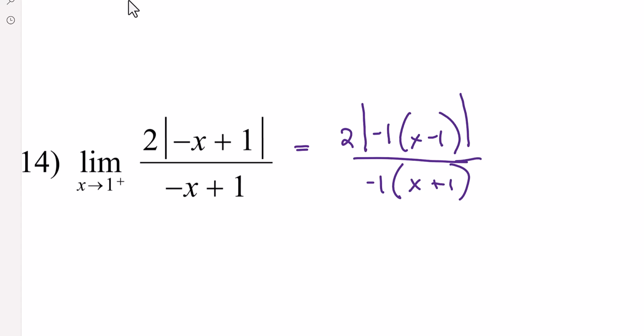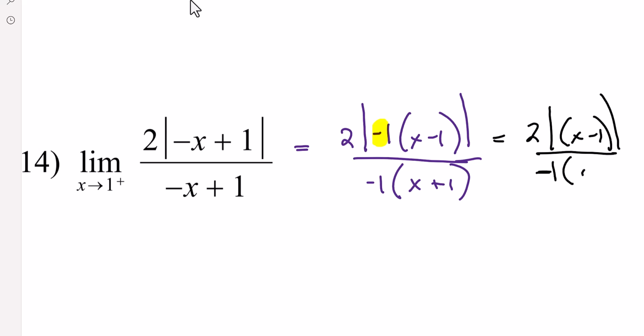So that's how you do one like that. But then you can pull out this. The absolute value of -1 is 1. So then you're going to have just 2 times the absolute value of x minus 1 over -1 times x minus 1.